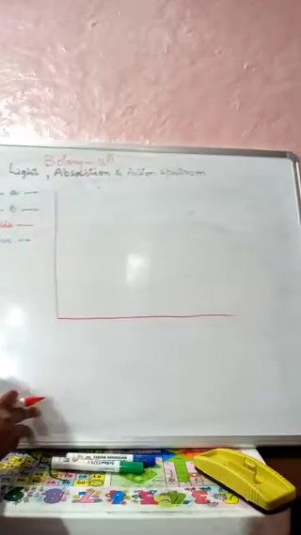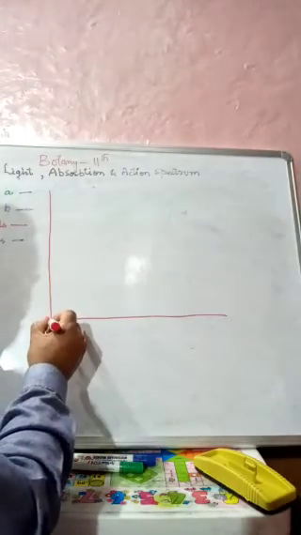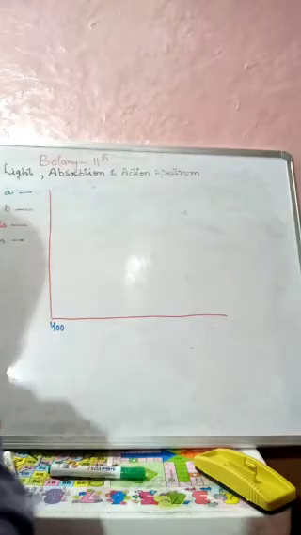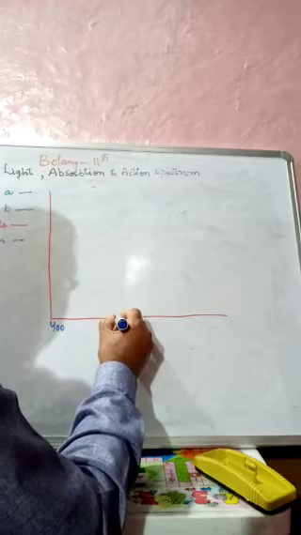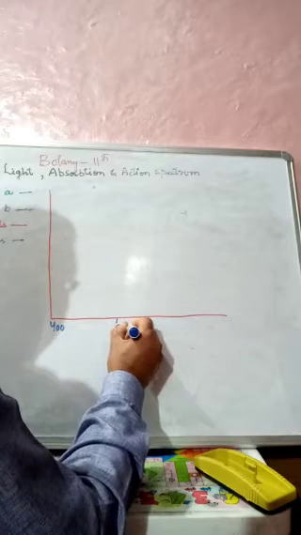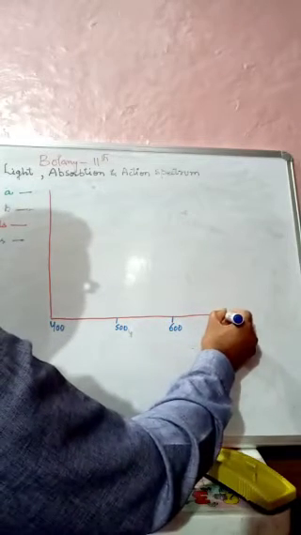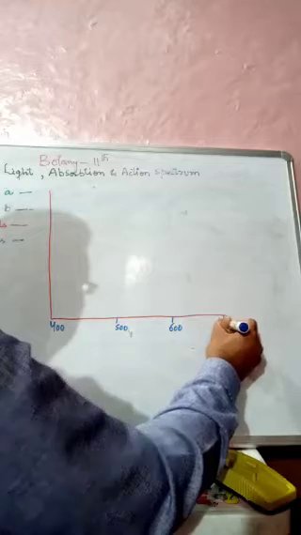Draw the graph. Now for wavelength, we will start from 400 nanometer. Then this is 500 nanometer, then 600 nanometer, then 700 nanometer.